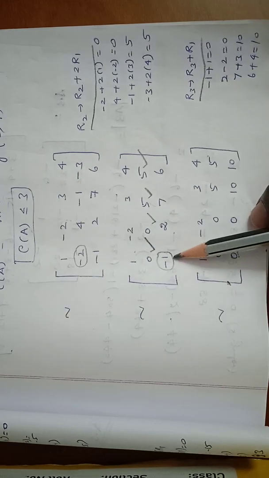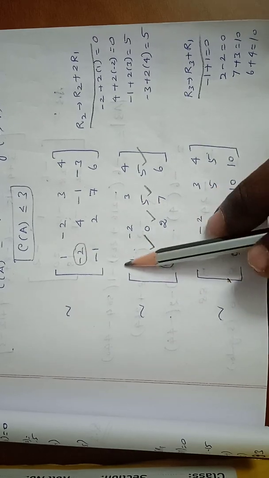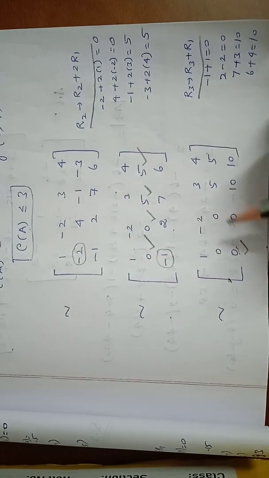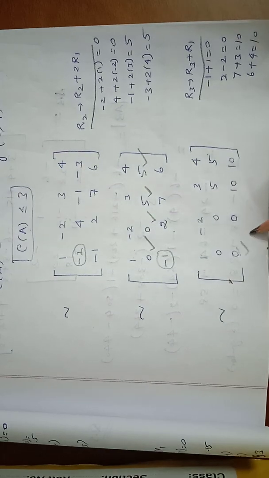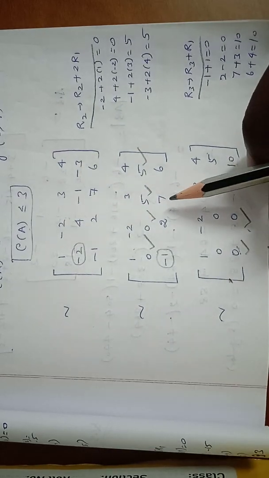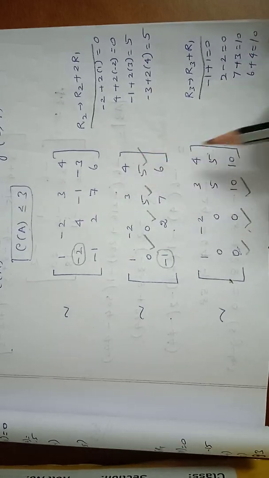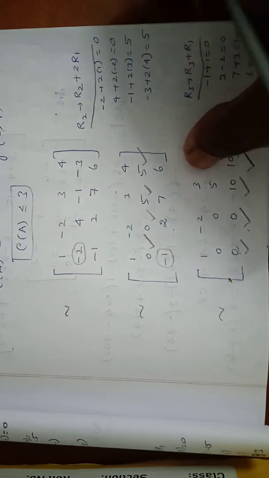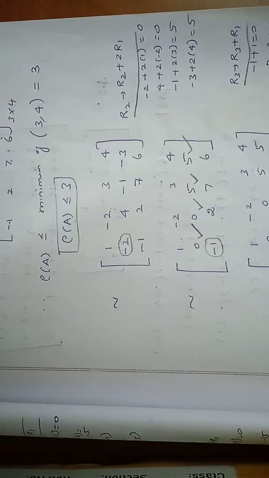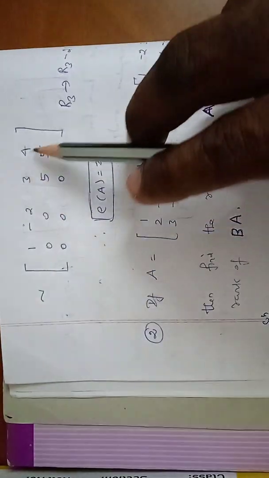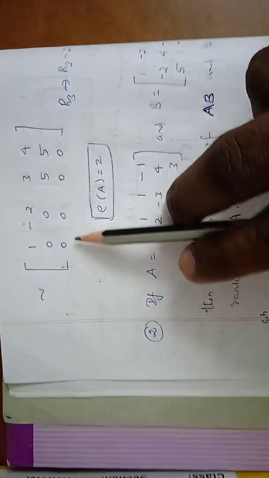Adding R3 and R1: -1 plus 1 is 0, 2 minus 2 is 0, 7 plus 3 is 10, 6 plus 4 is 10. So the matrix is 1, -2, 3, 4; 0, 0, 5, 5.